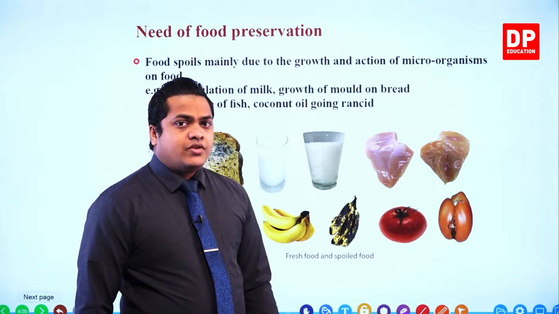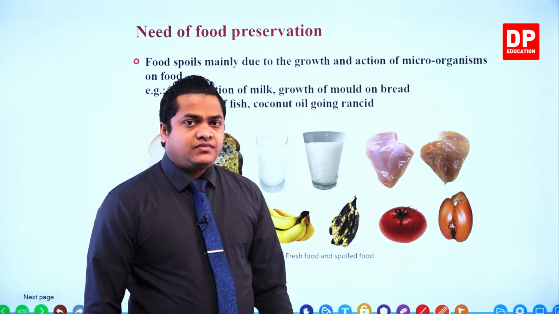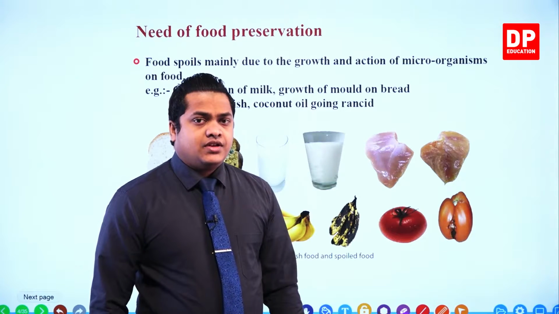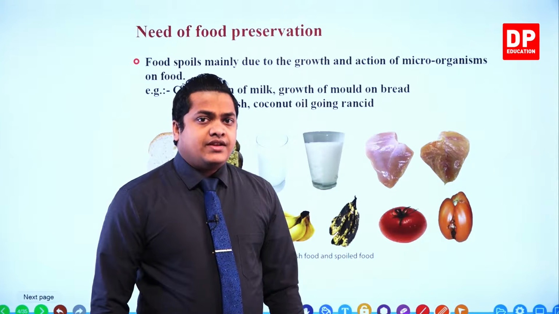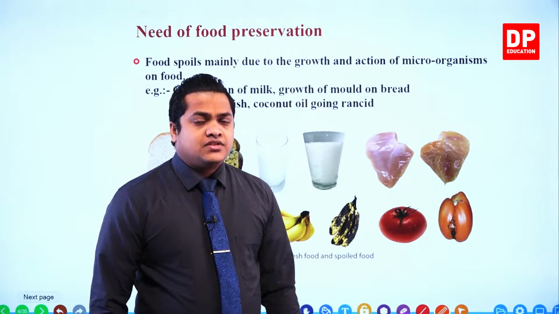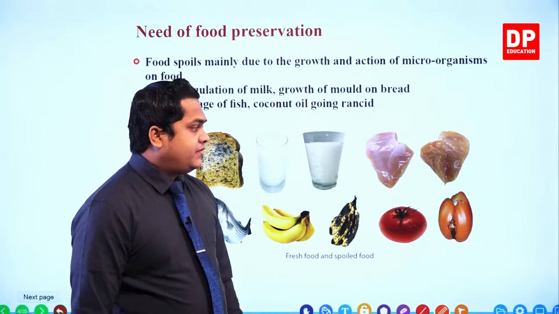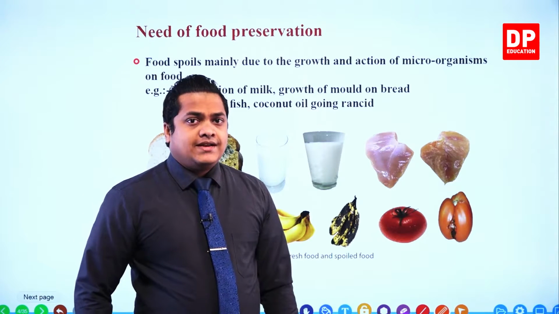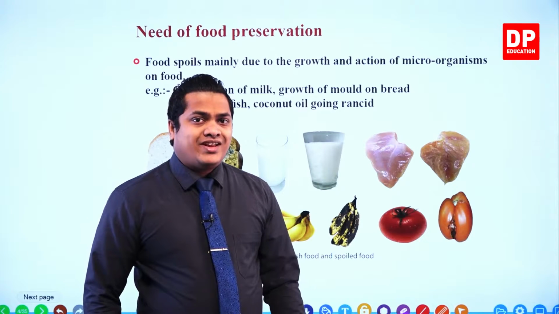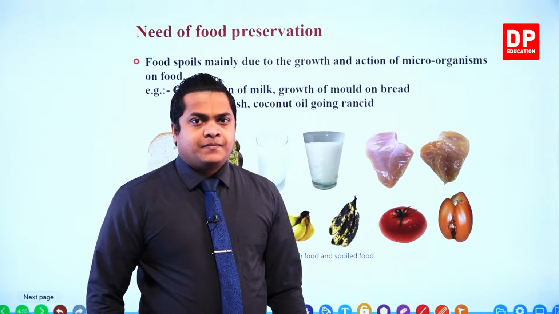Its fresh nature disappears, black color spots can be identified, and the taste and odor also differ. The appearance differs from fresh new ones. This is tomato. Tomato is also the same, right? As you can see within the figure, its color, nature, texture and smell, all of these factors are getting changed upon spoilage.